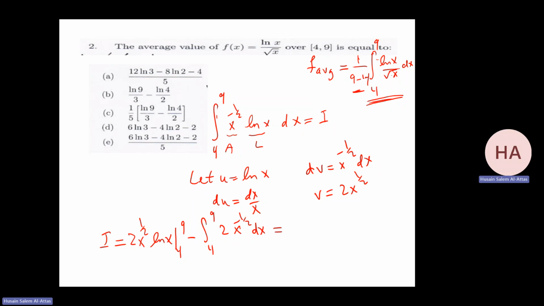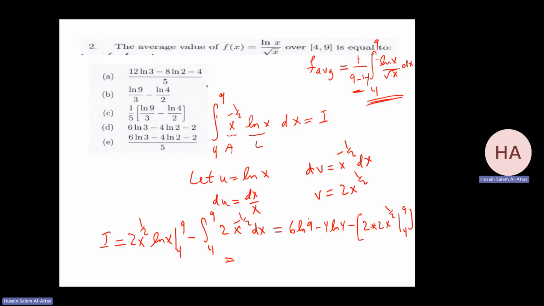Let's do the calculation here. 9 to the power half is the square root of 9, which is 3. That will be 6, then 9 minus, the square root of 4, which is 2, that's 4. Minus, now the integral of the rest. This is 2. What's the integral of x to the power minus half? It will be 2x to the power half from 4 to 9.